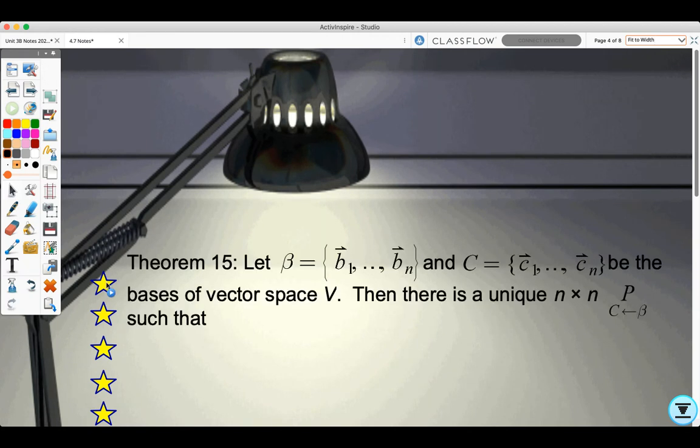Let B be the set of vectors B1 all the way to Bn, and C be the set of vectors C1 all the way to Cn, be bases of vector space V. Then there's a unique n by n matrix P such that the change of coordinates goes from B to C. So this is my C coordinate vector for X, and this is my change of coordinates going from B to C.